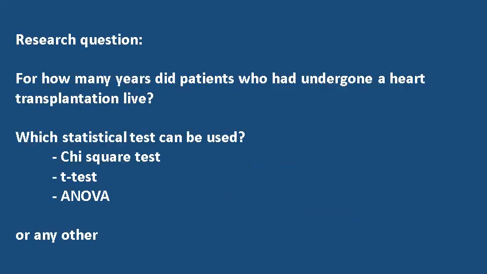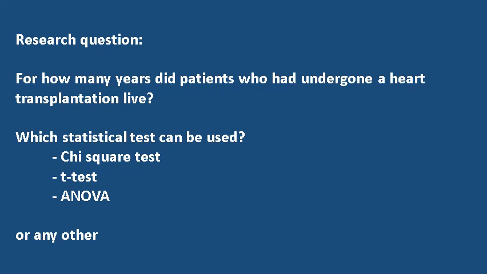Let us go through this research question. For how many years did patients who had undergone a heart transplantation live? Which statistical tests can be used? There are so many statistical tests. For chi-square test, the outcome should be a categorical variable and the independent variable should also be categorical.